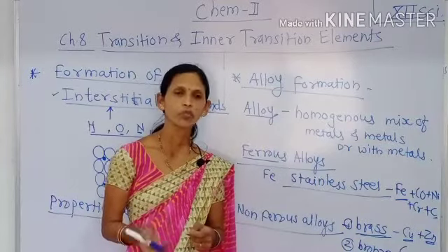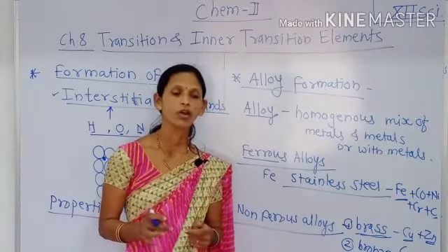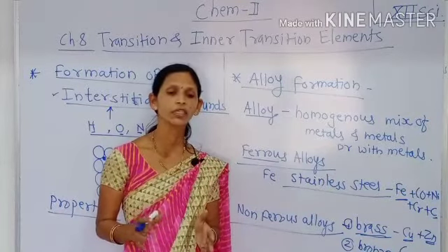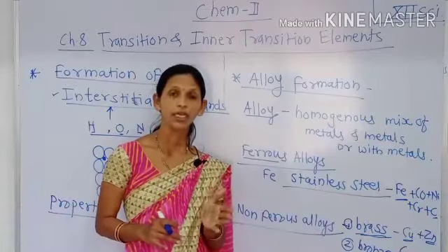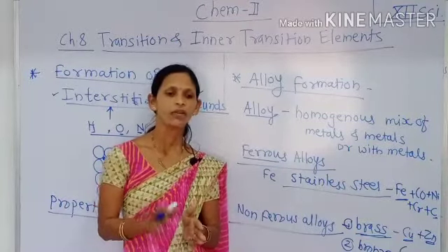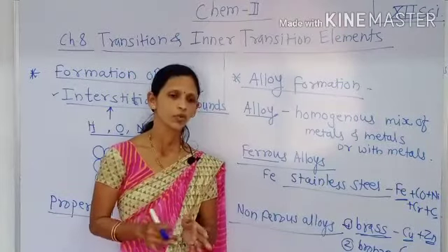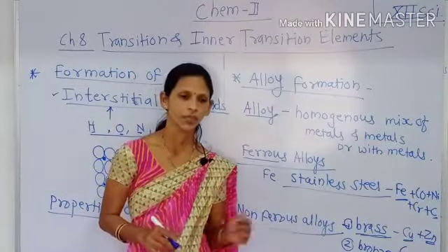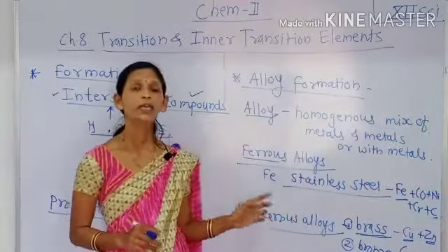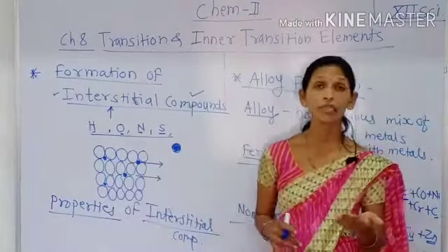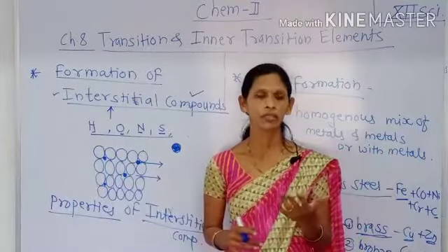Nichrome is one more alloy, an alloy of nickel and chromium in the ratio of 80 to 20. That means 80% nickel and 20% chromium, and it is used in gas turbine engines. Then titanium alloy has the property of temperature resistance.